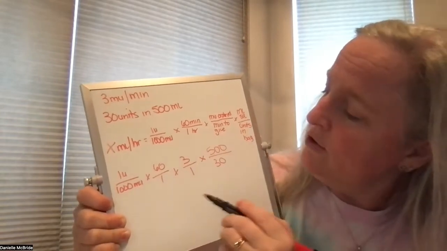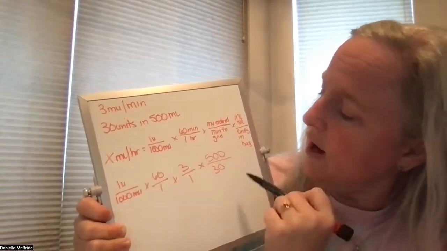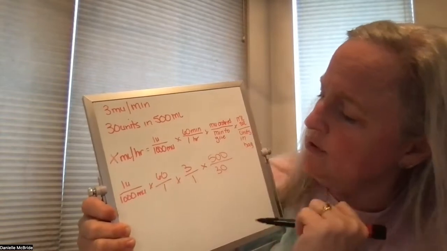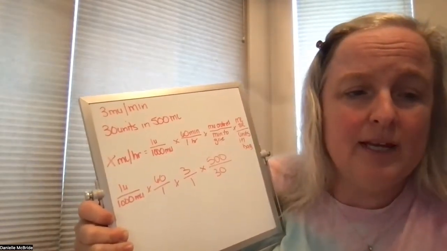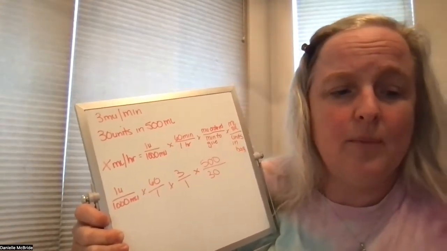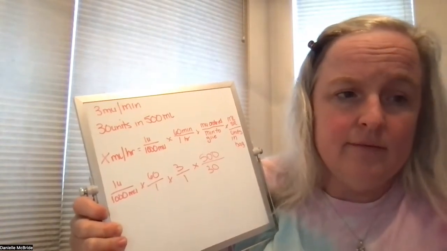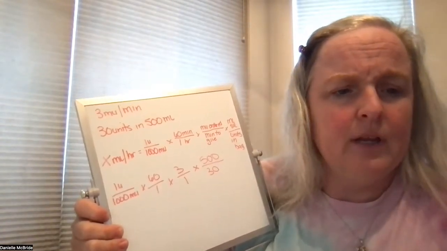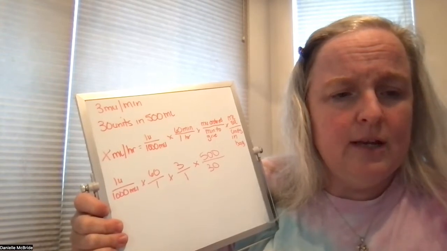Okay, so now you can multiply straight across, and you can cross things out and reduce and stuff like that. I don't like to do it because if I make a mistake, I hit a wrong button, then it messes the whole thing up. Okay, so let me grab my calculator.